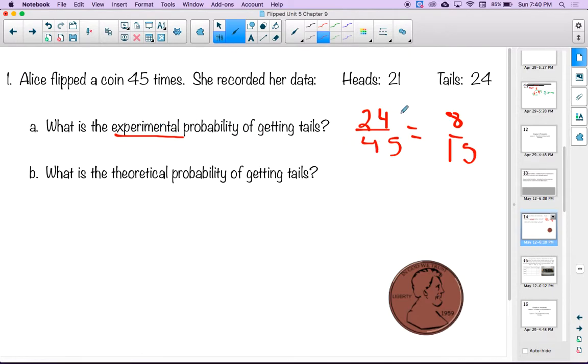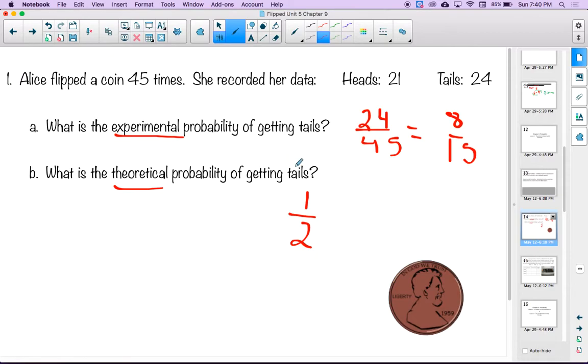So that would be the experimental probability of getting tails. Experimental probability is when we use the data from an experiment. Okay? Theoretical probability is the exact same probability that you've been doing for years and years and years. This is when we don't carry out an experiment. We just look at the coin and we say, okay, a coin has 2 sides. Of those 2 sides, one of the sides is tails.